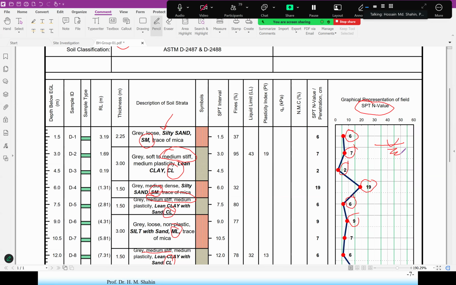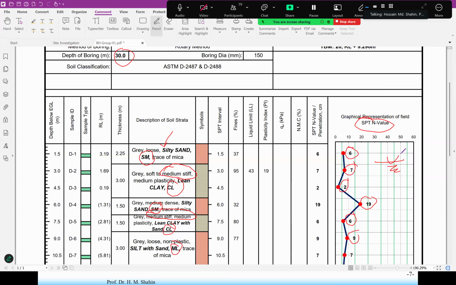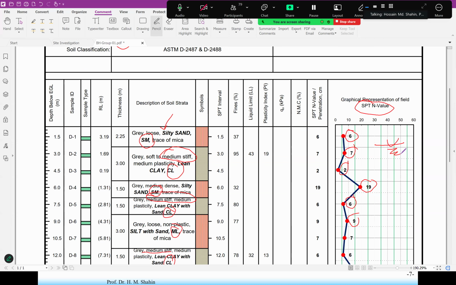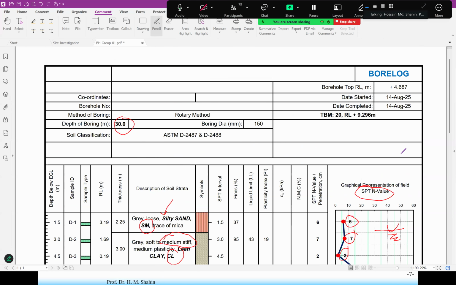But always consider the water table at the top, because our ground level is almost 7.5 and so on. So it is less than 7.5 RL, in sea level. In Dhaka city, the highest flood level is 7.5 RL, plus 7.5 meter. So it is 4.6, means it's underwater.